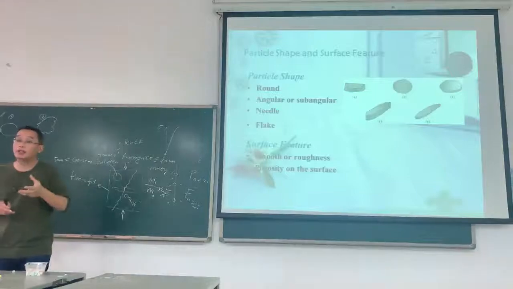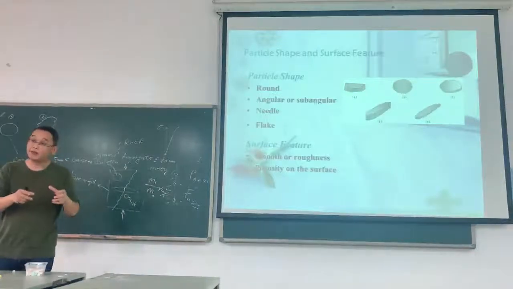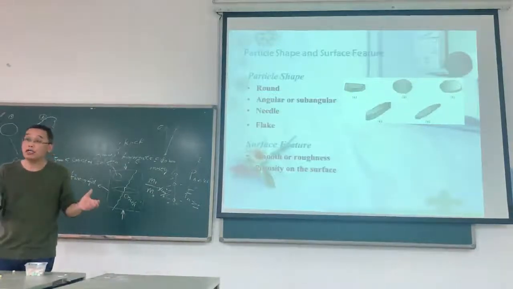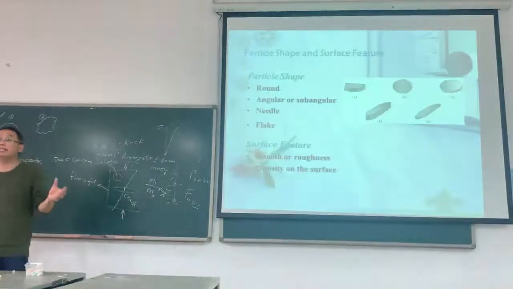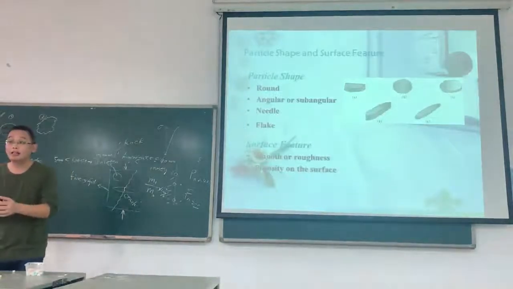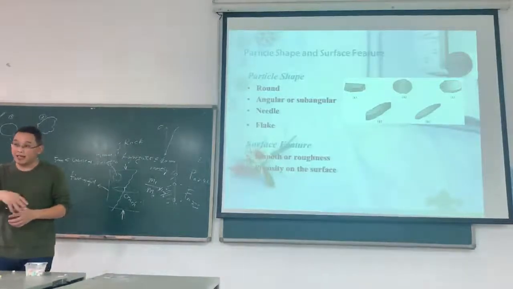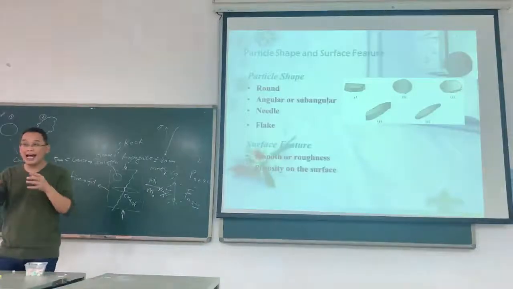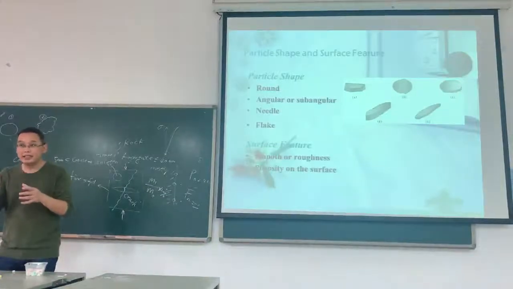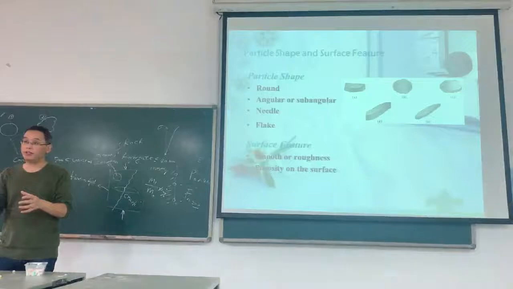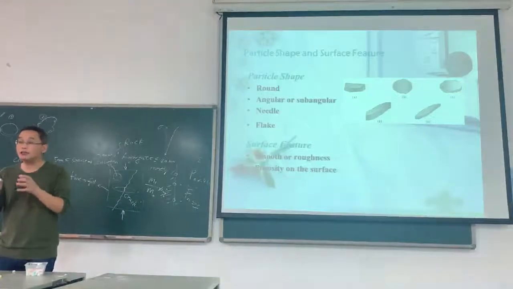We decide the content of each one, and then put them together, mix them, and after the mixing, we can get the fresh concrete. Yeah, this one is a fresh concrete.